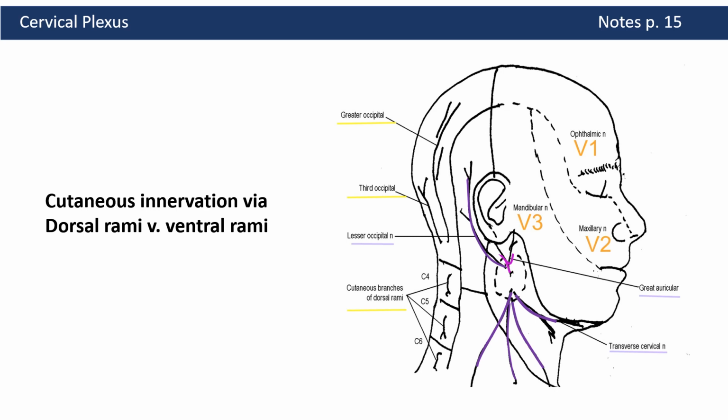Remember that these branches of the cervical plexus are anterior rami or ventral rami, as opposed to the dorsal rami that make up the greater occipital, the third occipital, and these cutaneous branches on the posterior aspect of the neck.